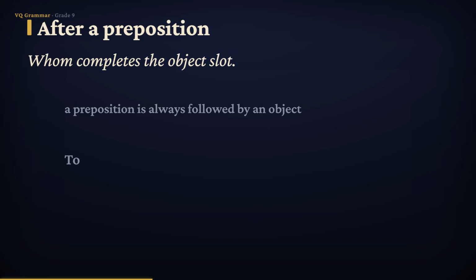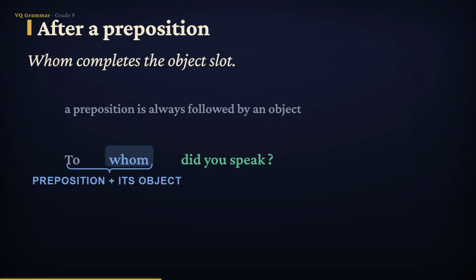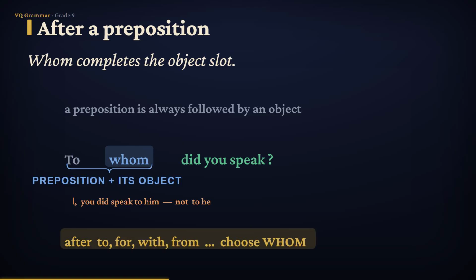We start with the preposition to, then it reaches for its object, whom, and the question finishes, did you speak? To whom did you speak? You can prove it with the test. You did speak to him, not to he. So whenever you see to, for, with, or from reaching for a person, follow it with whom, not who.